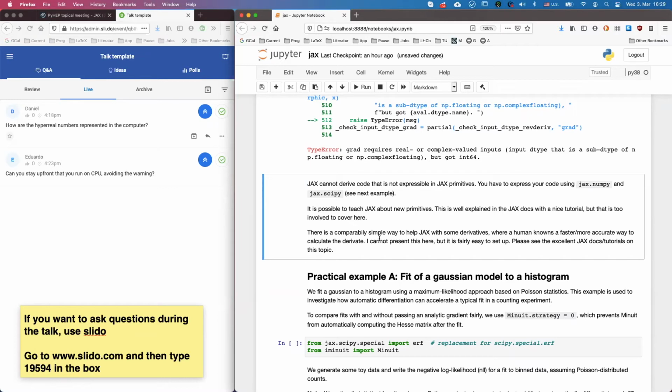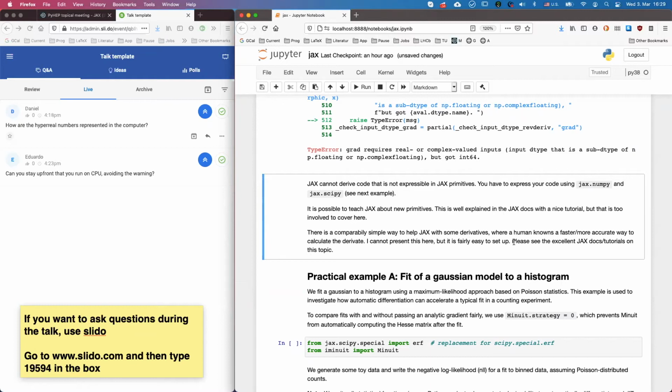But there's also a simpler way of teaching JAX about some derivatives. When you can implement that derivative in JAX code, then there's a simple way to do this. You don't strictly need to do it then, because JAX can compute the derivatives already.